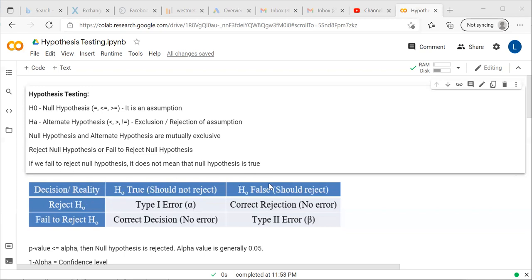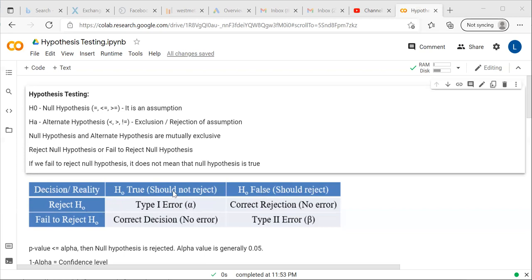And then this is a small table which has been created to show the decision and whatever the reality. The decision at the end regarding the null hypothesis, and whatever the reality. So here the reality is true, which means the null hypothesis should not be rejected. And here, we should reject the null hypothesis.